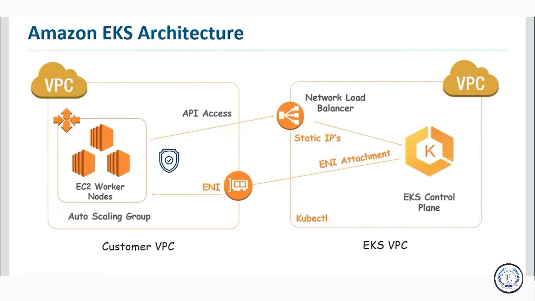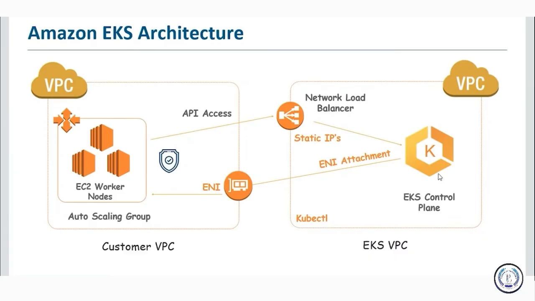Now once the worker nodes are created, we have to configure these worker nodes to connect to the EKS cluster. For that, we need to make some network changes. Like we need to inject an ENI, that's nothing but Elastic Network Interface. Basically, it's a component of the VPC and is managed by the EKS control plane.